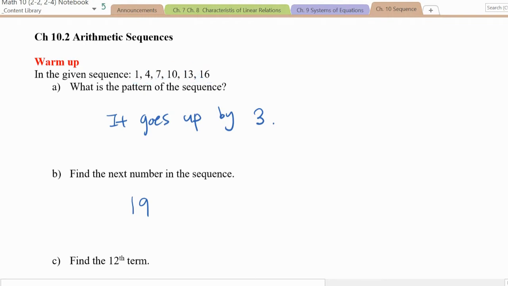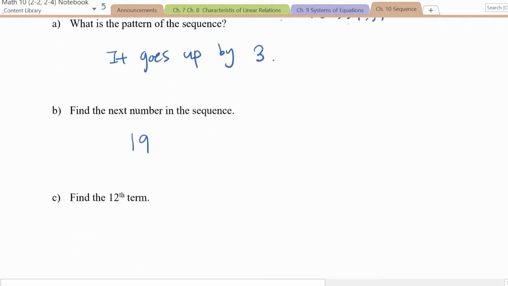So we're going to find the 12th term. So let's just keep listing everything. So 3, 6, 9, 12. 12th number, 34. So the 12th number is 34.